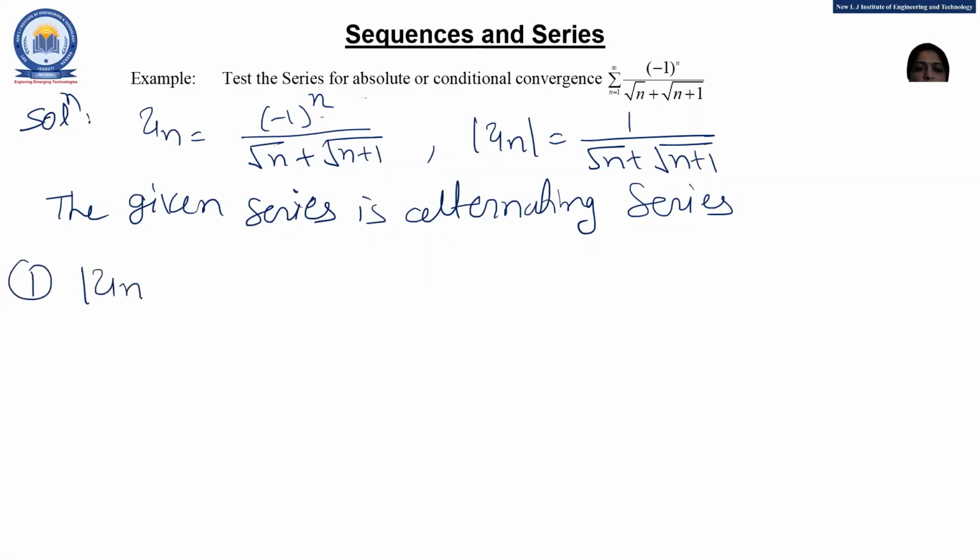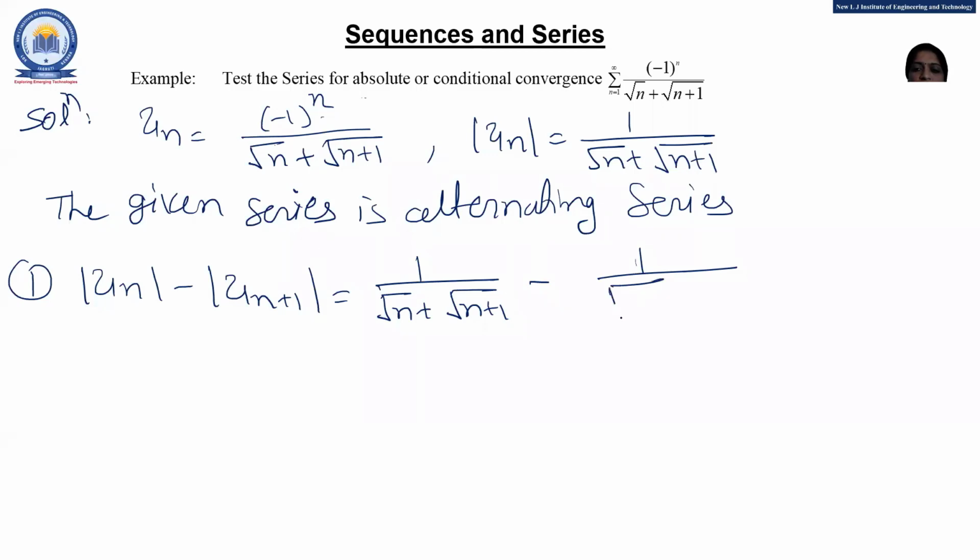My first rule is |un| minus |un+1|. So |un| is 1 upon root n plus root n plus 1, minus |un+1|, which is 1 upon root n plus 1 plus root n plus 2.